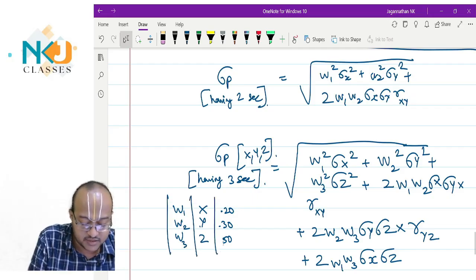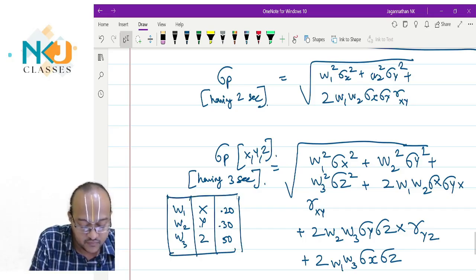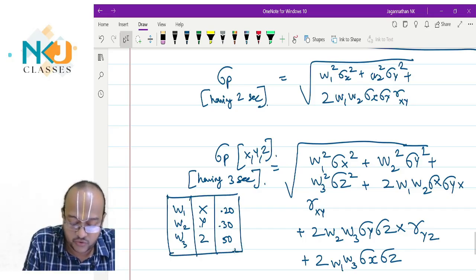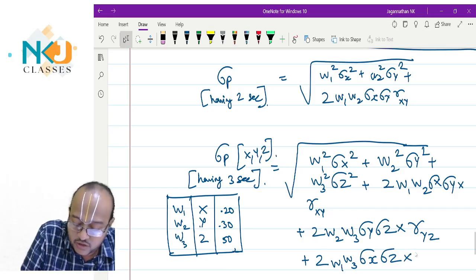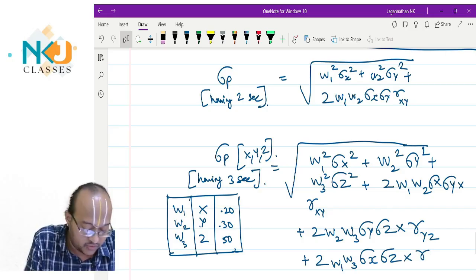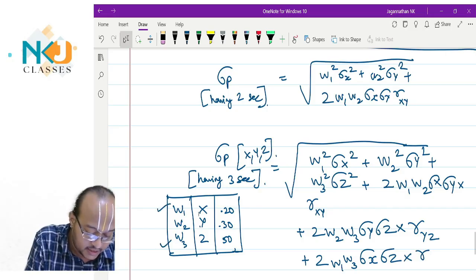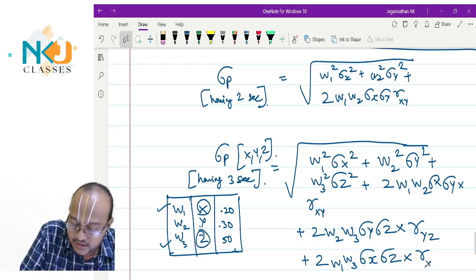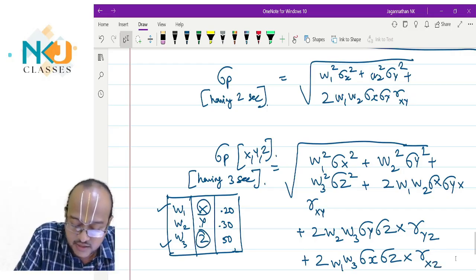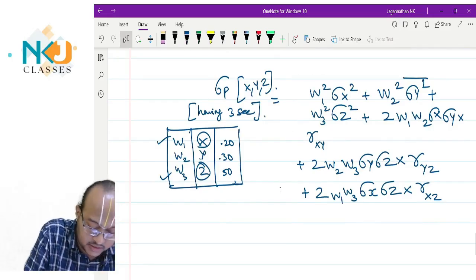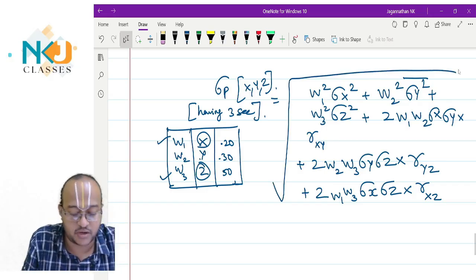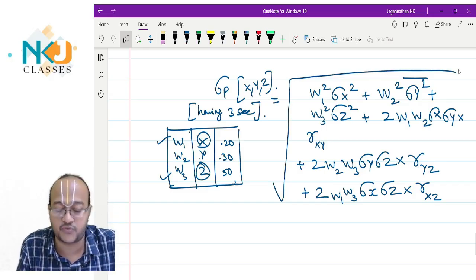Then 2 into W1 W3 sigma x into sigma z into correlation between x and z. Are you all understanding? The whole thing is in a square root. This is the formula for a 3 security portfolio.